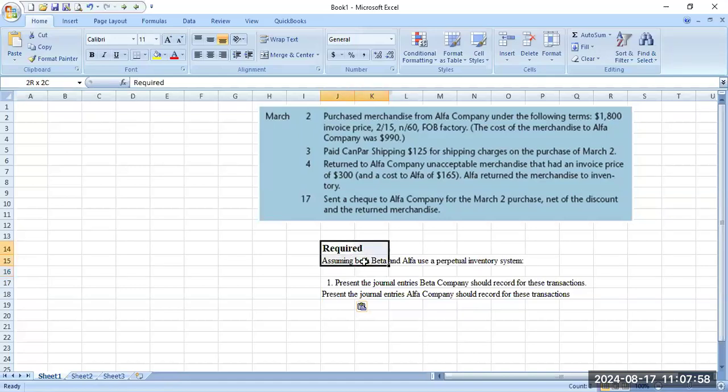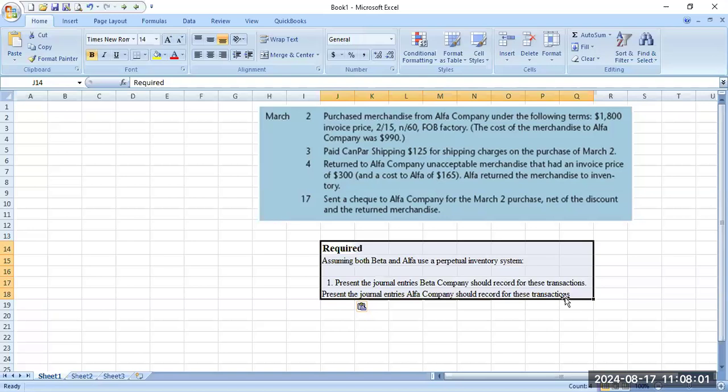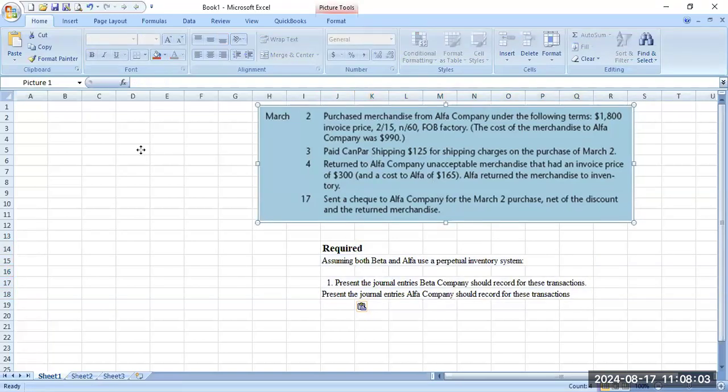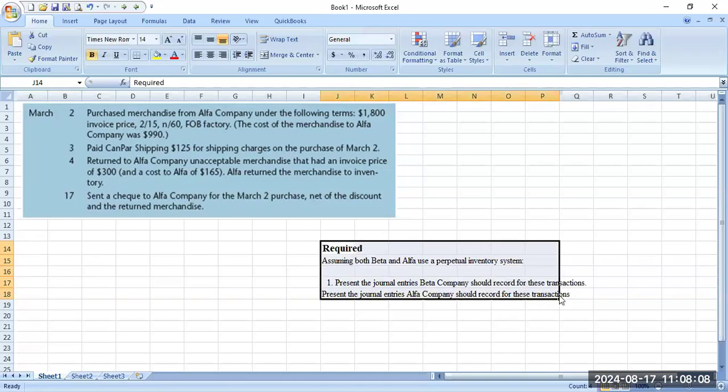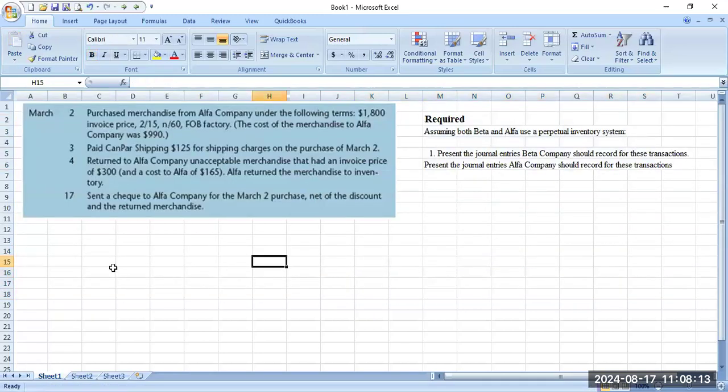I can do this in parallel, so you can see how one company is going to deal with the problem and how the other company is going to deal with the problem. Now that will be our Beta. And here we're going to go with Alpha. Let's make it a little bit bigger so we can see it better.